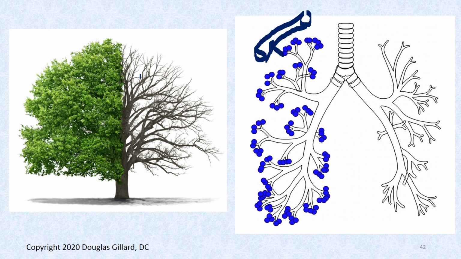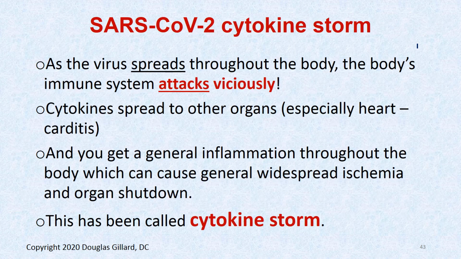What happens if you pick all the leaves off the tree? Looks like this. It dies. What happens if you destroy all the alveoli with a wicked inflammation? Well, you die, because you can't get oxygen passed from the air into your bloodstream anymore, and your tissue can't get oxygen. That's basically what's killing people.